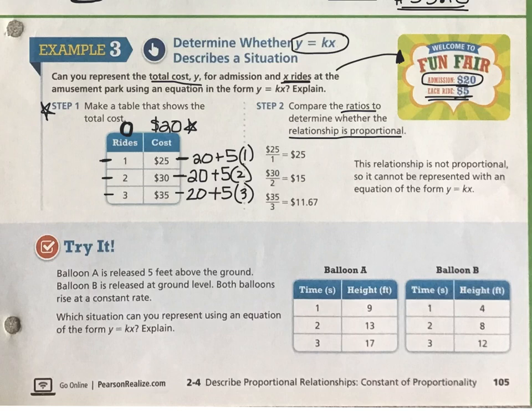In this case, when I find the unit rate that compares the total cost that I spend and the number of rides that I've been on, do I have a proportional relationship? In other words, are these unit rates the same? And the answer is no.